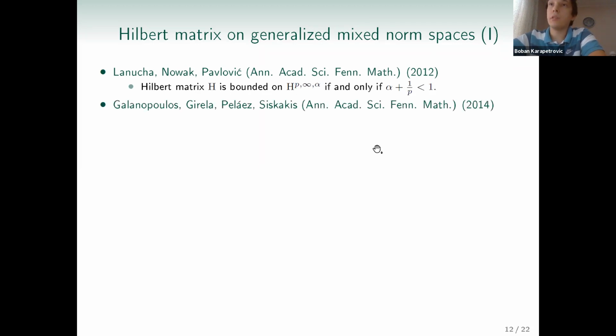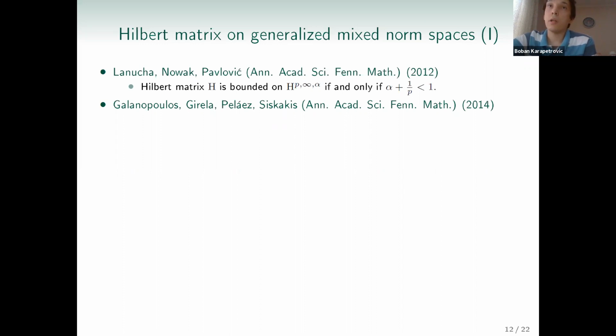Also in 2014, Galanopoulos, Girela, Peláez, and Siskakis considered the Hilbert matrix in more general settings, and they obtained many important results related to the generalized Hilbert matrix.